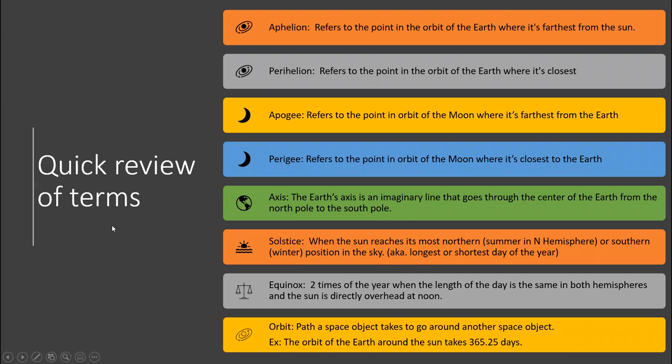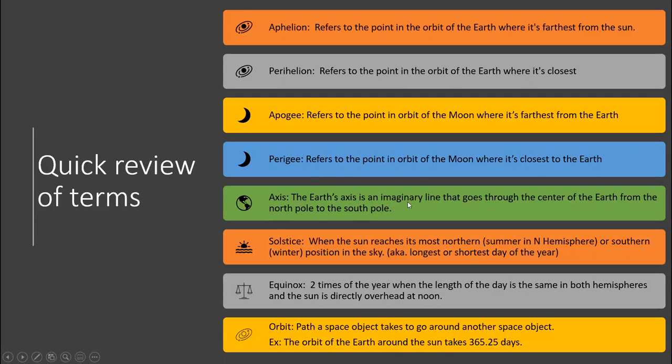So a quick review of terms here. What is the aphelion? It refers to the point where the Earth is the furthest from the sun. Perihelion is when the Earth is the closest. Apogee is when the moon is farther. The perigee is when the moon is closest. What is the axis?